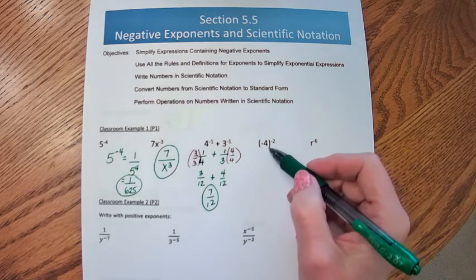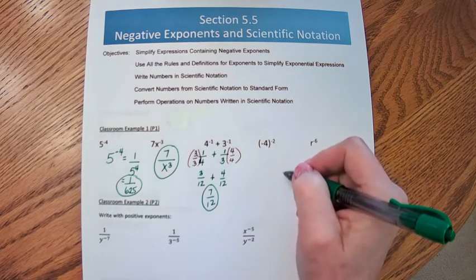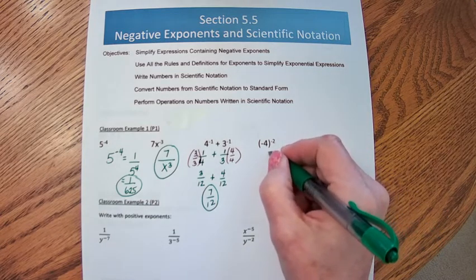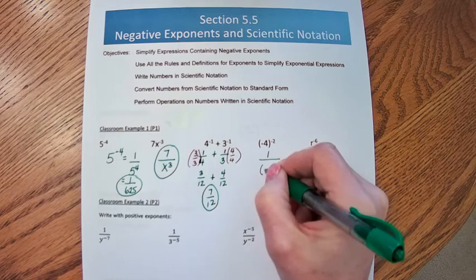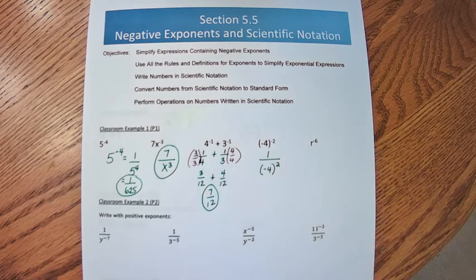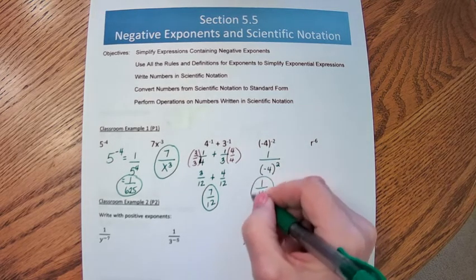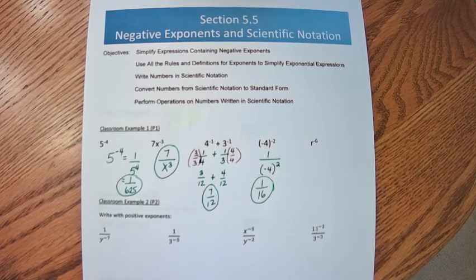Now here the negative 4 is the base. So the negative is also being raised to the negative 2. To rewrite this, this would become negative 4. The base stays the same, just the exponent becomes positive. So that's going to be 1 over 16, because negative 4 times negative 4 is positive 16.